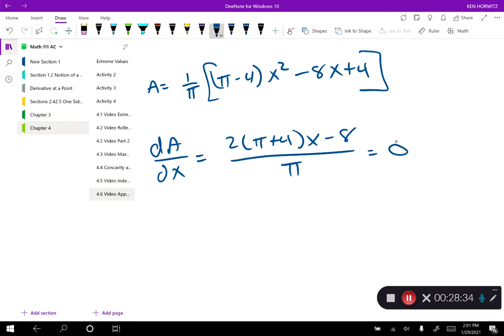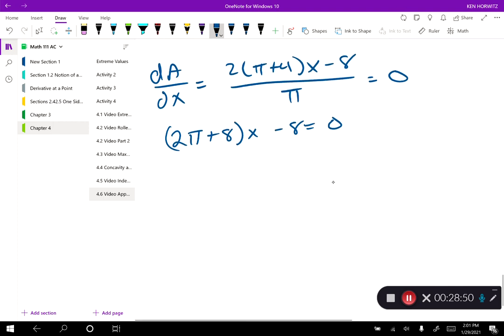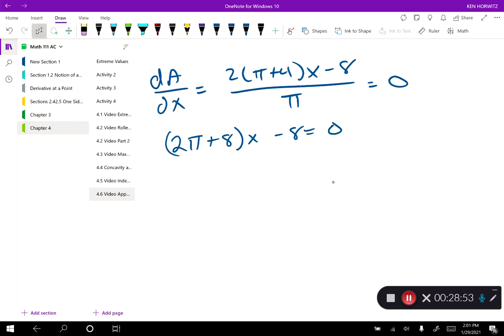Need to set that equal to 0. So we're going to just take our numerator and say (2 pi plus 8) times x minus 8 equals 0. All right, now we got to solve for x. So (2 pi plus 8) times x equals 8.